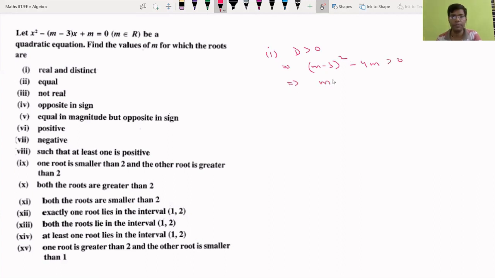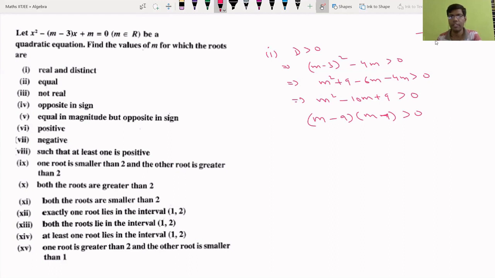So that will give me m square plus 9 minus 6m minus 4m is greater than 0, which implies m square minus 10m plus 9 is greater than 0. That is m minus 9 times m minus 1 is greater than 0. Again, we can use our plus minus plus.